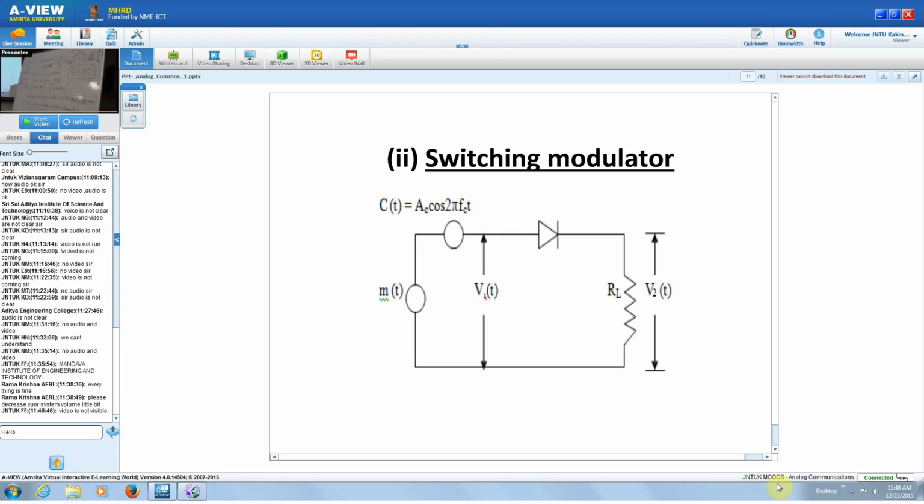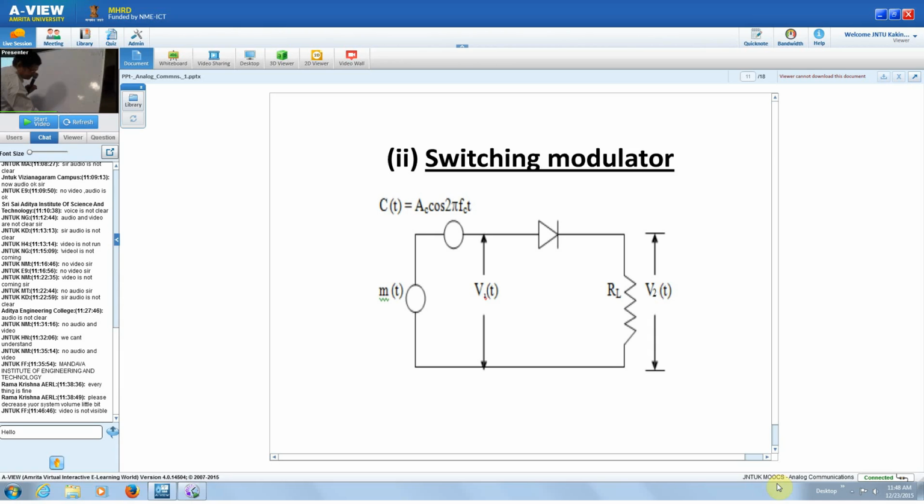Therefore, for C of t positive and negative, you have a switching characteristic of your diode to get the required output V2 of t, which is 0 or a combination of the baseband signal and the carrier signal.